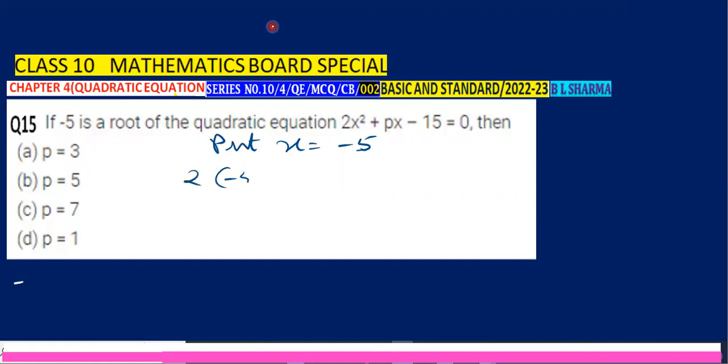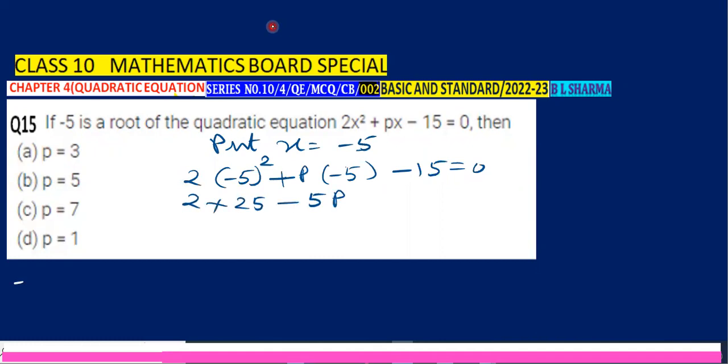So 2 into minus 5 square plus p into minus 5 minus 15 is equal to 0. So 2 into 25 minus 5p minus 15 is equal to 0.